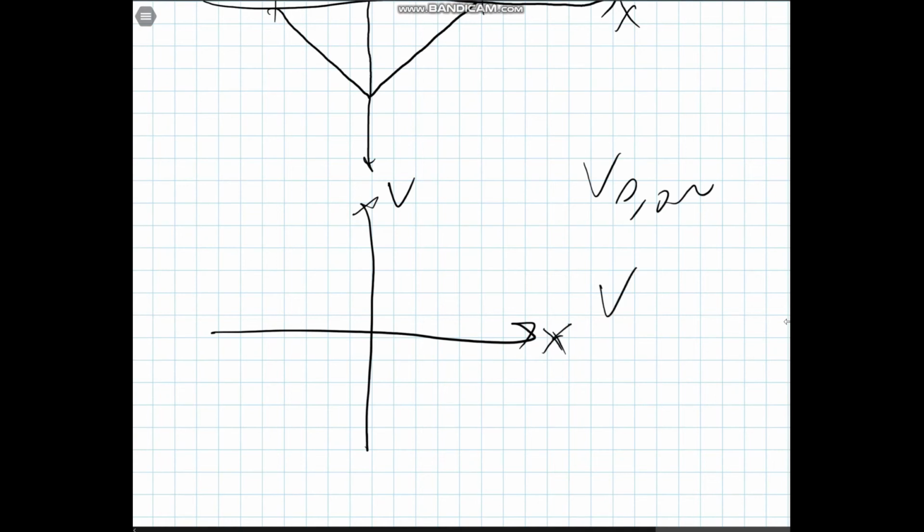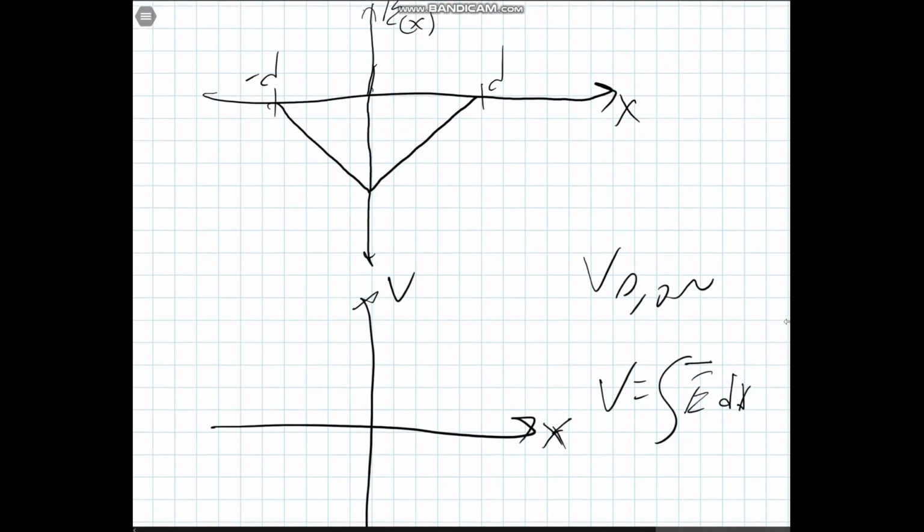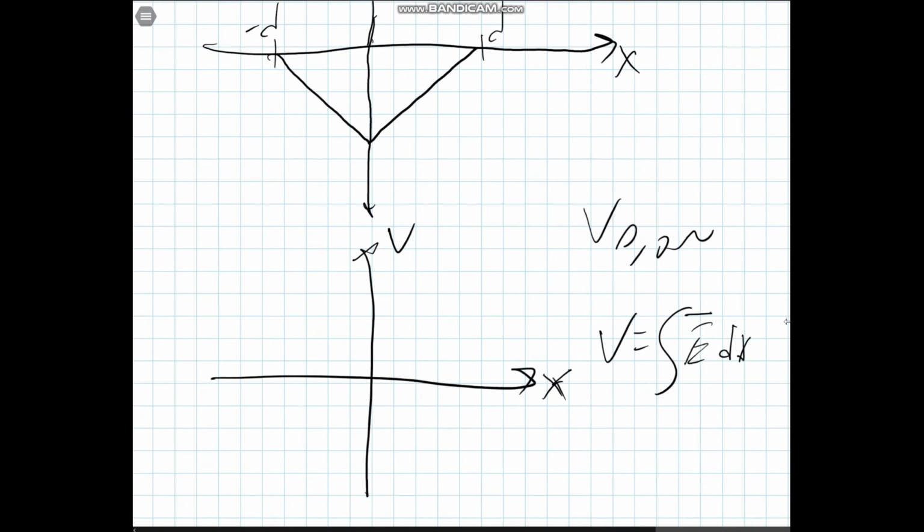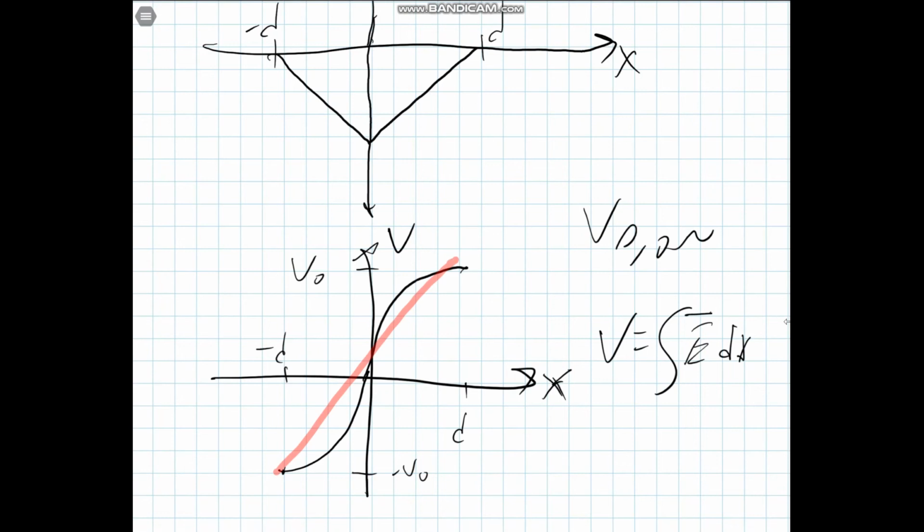We find the voltage is equal to the integral of electric field dx. So we have Ex here, and we can just integrate that. Whenever you integrate a linear function, you're going to get a quadratic, from negative V naught to V naught. We know that the voltage across the diode, VD on, is going to equal V naught.